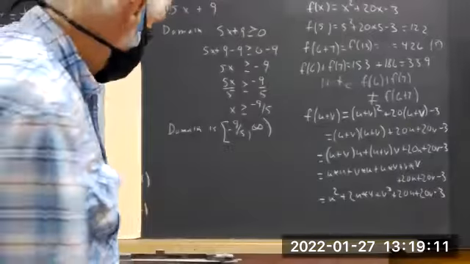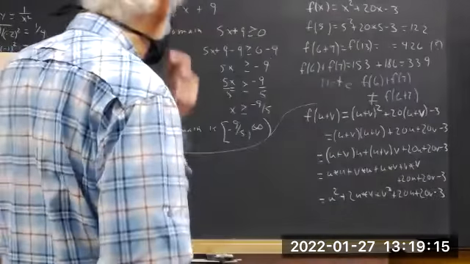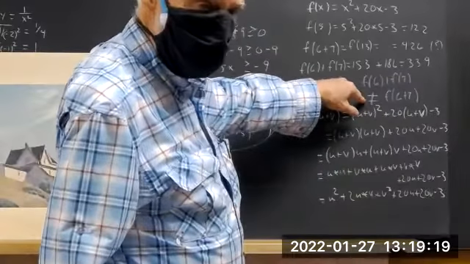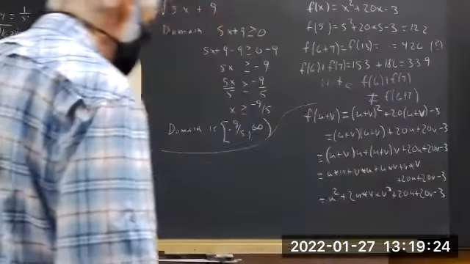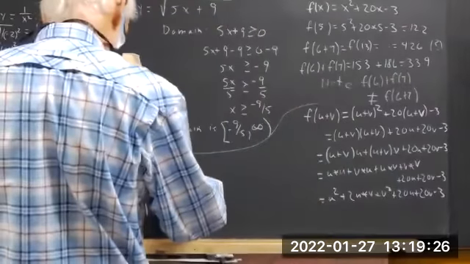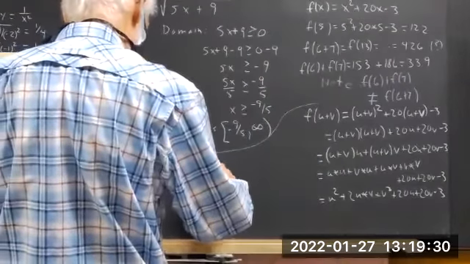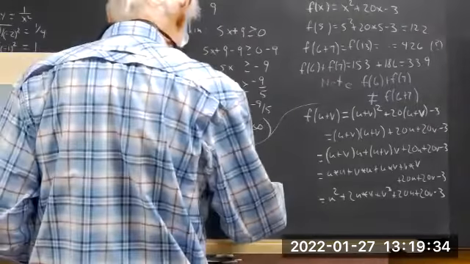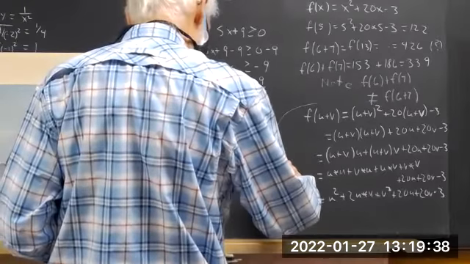This is important because this is going to prove that in general, you don't have a distributive law for function notation. So f of u plus f of v equals what? f of u is u squared plus 20u minus 3.